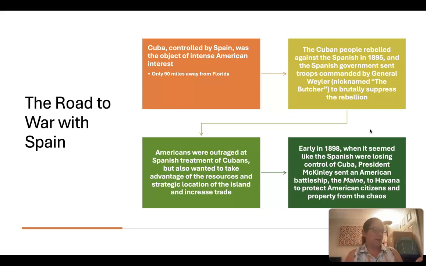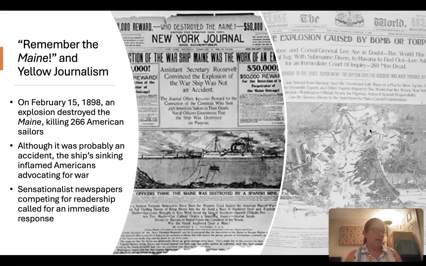So this battleship is sent to Havana to protect American interests, threatened by the Spanish inability to put down this Cuban rebellion. And on February 15th, 1898, an explosion destroys the Maine. 266 American sailors are killed. Now, it's not clear what caused the explosion, at least immediately.